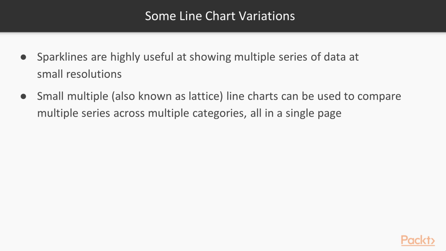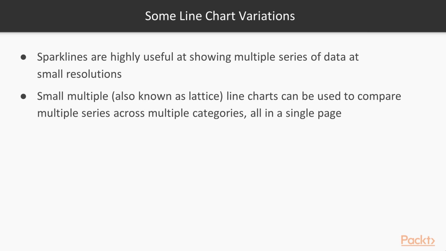And we've got a couple of variations on the more basic line charts. Sparklines are a recent innovation from visualization guru Edward Tufte, and these are very useful, showing multiple series of small resolution data. They have the added advantage that you can adjust the axis to each data set so that the smaller values are not lost in the way they might be if they were plotted against a larger value.